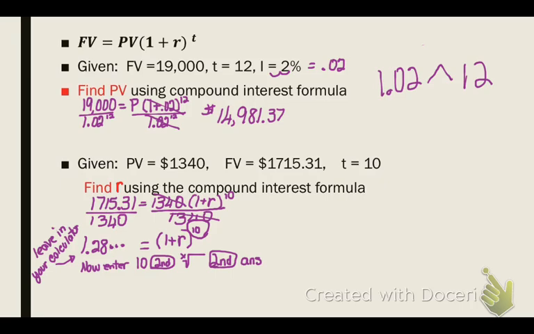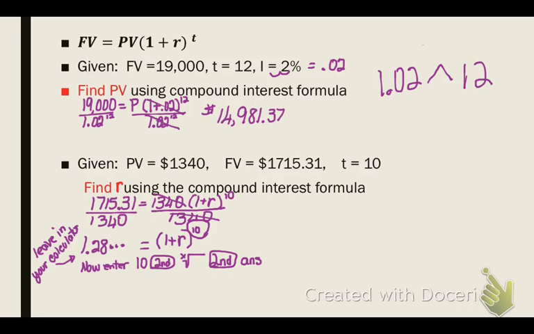Then you're going to hit second and ANS. And usually this ANS is down underneath the 3. It's in different places on different calculators, but it's usually down at the bottom. And what that is saying is take the 10th root of whatever that answer was.